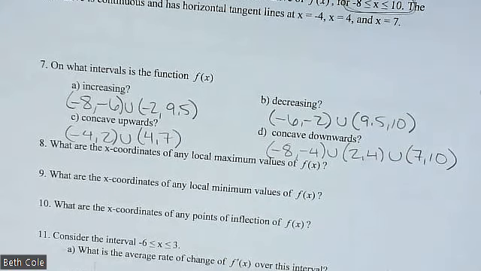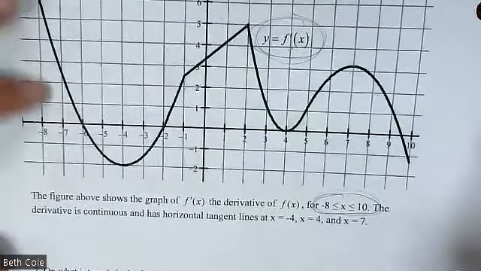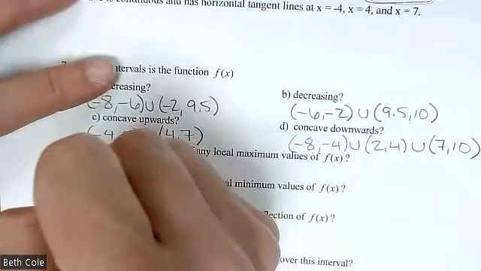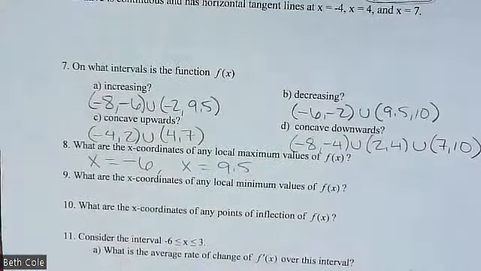All right, number 8. Local, that means relative maximums. That is where the first derivative changes from what to what? Maximum. Positive to negative, that is above sea level to below sea level, above to below. Where does this graph change from above to below? -6, and there's one other one. Perfect. -6 and 9.5.